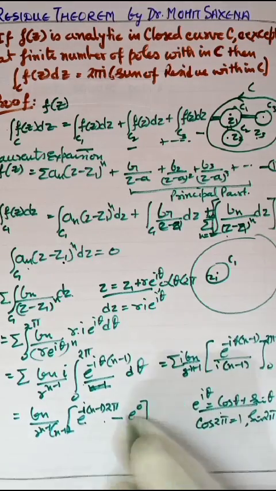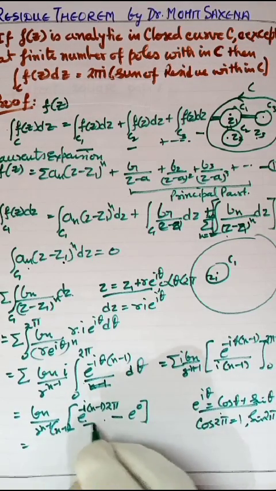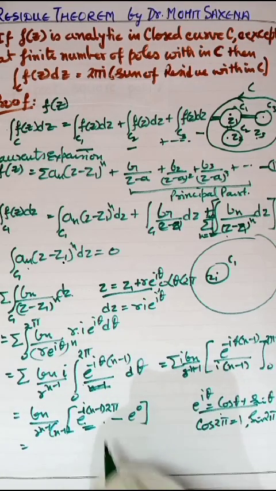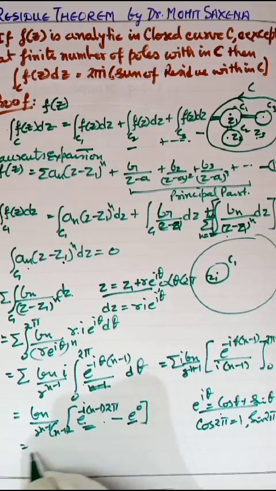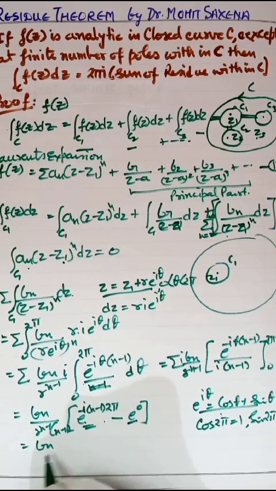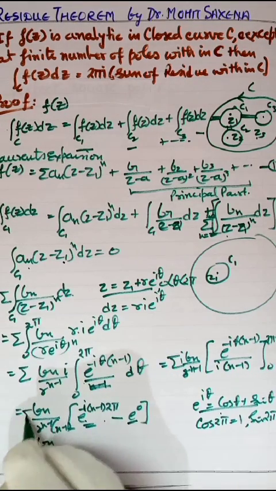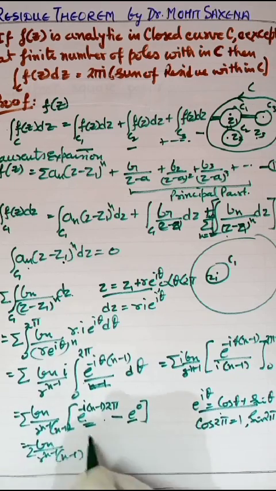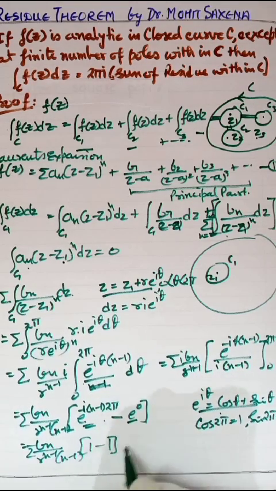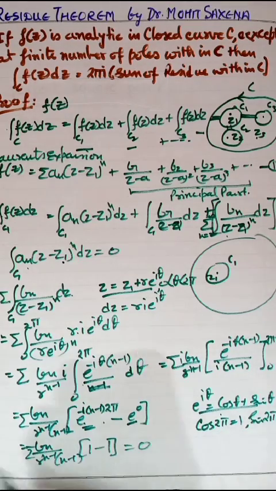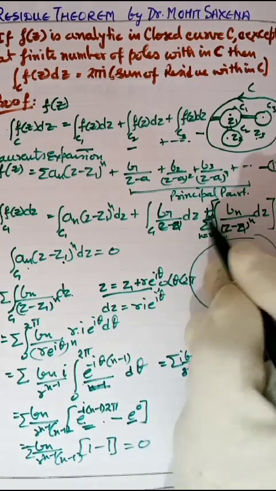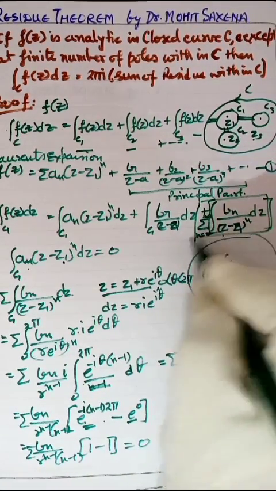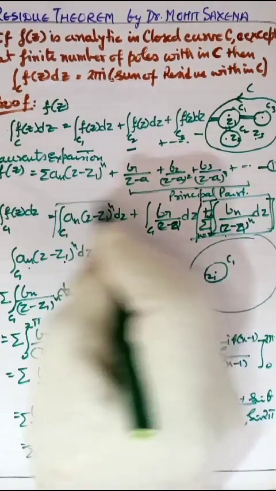On substituting these values, this term would become 1 and e to the power 0 is also 1. So this is b_n over r to the power n minus 1 times (1 minus 1), which is equal to 0. So this third integral would also become 0.